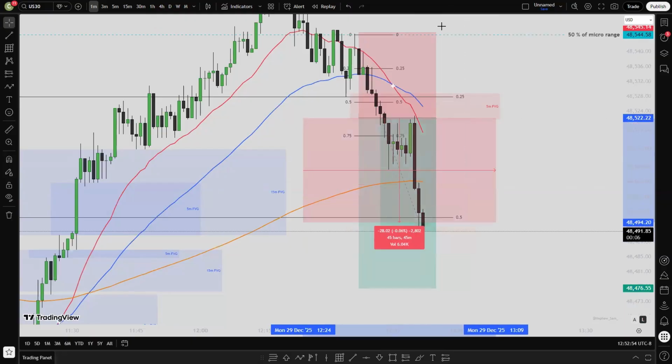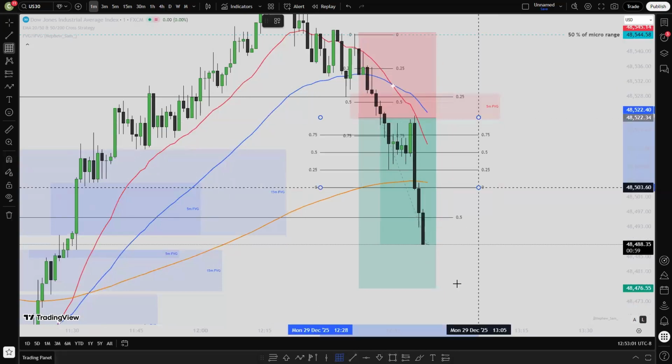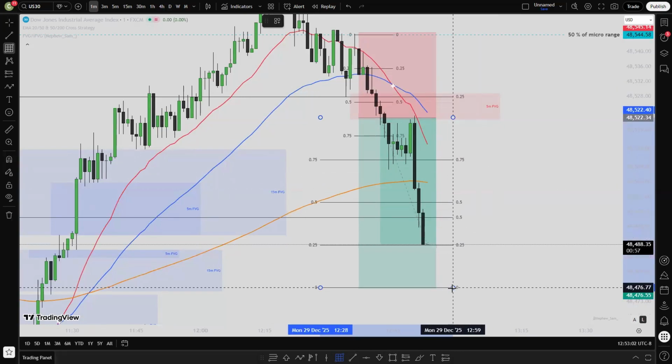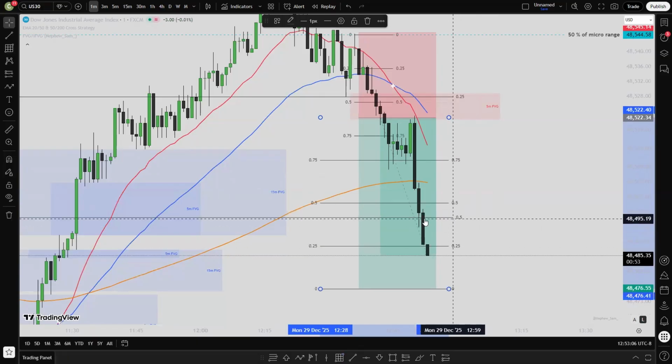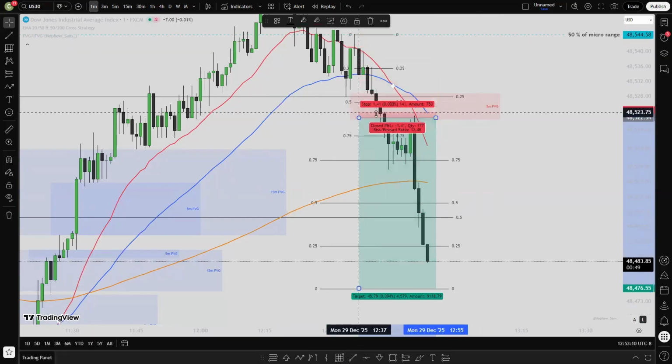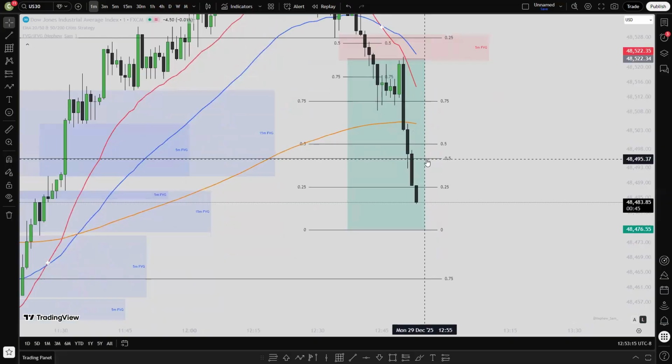Oh, I'm sorry, wrong tool. We are trading below 50% of the trade and a fair value gap was created. We can now go to break even. So 50% of fruition, which is right here.